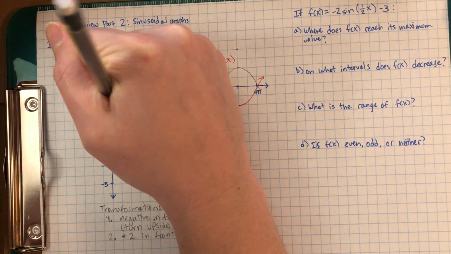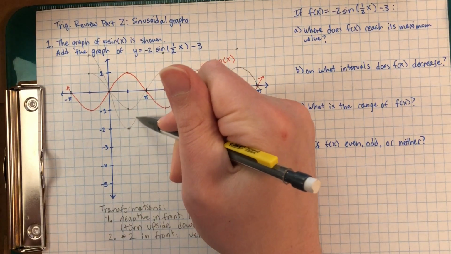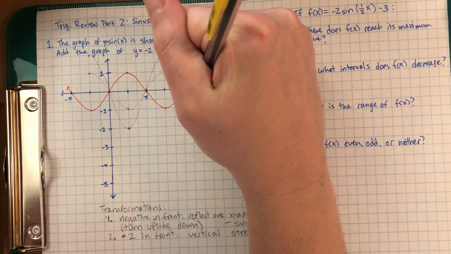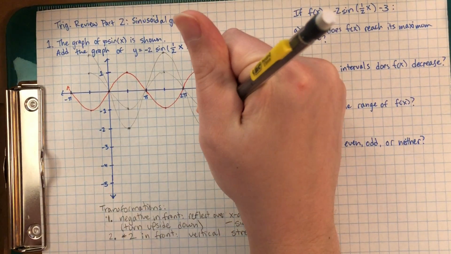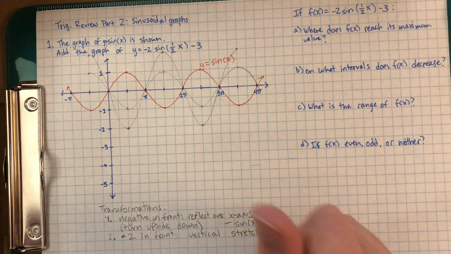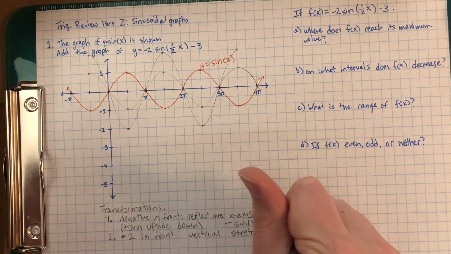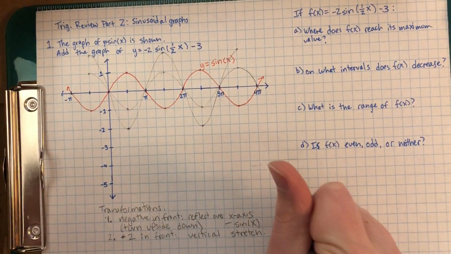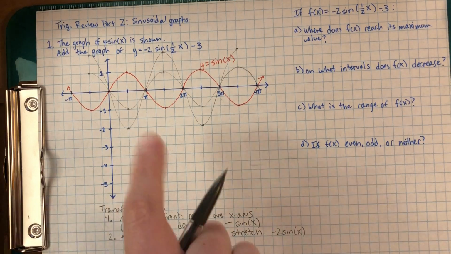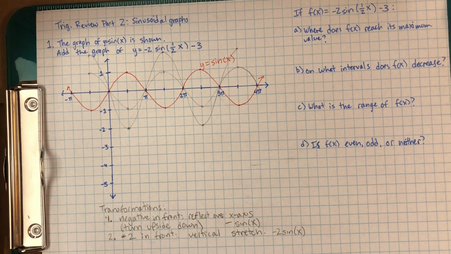So I'm going off of the last step that I had. Now I'm drawing a graph that is twice as high. This is the graph of -2 sine of x. So I'm kind of adding in these changes one stage at a time.